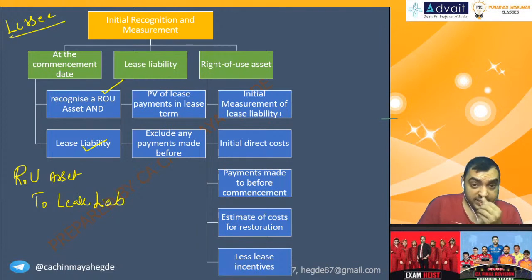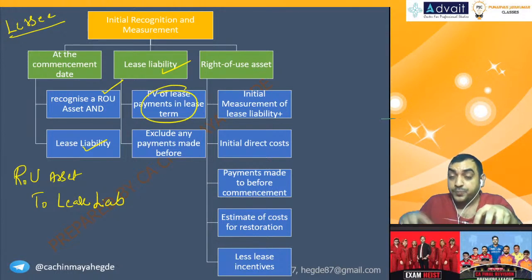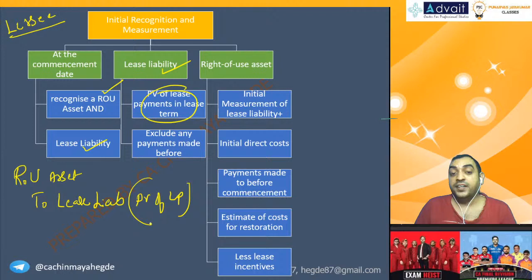And how do you compute lease liability? Lease liability is the present value of lease payments. So you recognize asset as well as liability. What is lease liability? The present value of lease payments. What I'm likely to pay, that present value will be called lease liability.